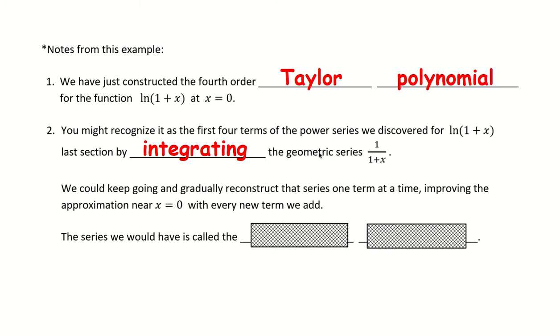So we already sort of looked at this series last section. But we could keep going, okay? We could keep going and gradually reconstruct that series 1 term at a time, improving the approximation near x equals 0 with every new term we add.